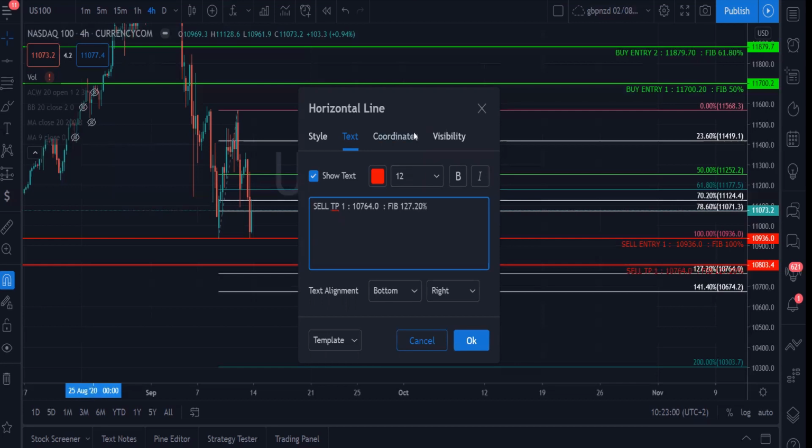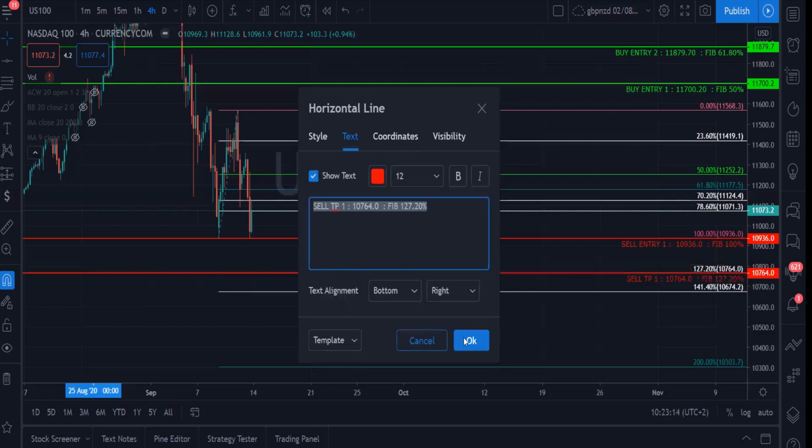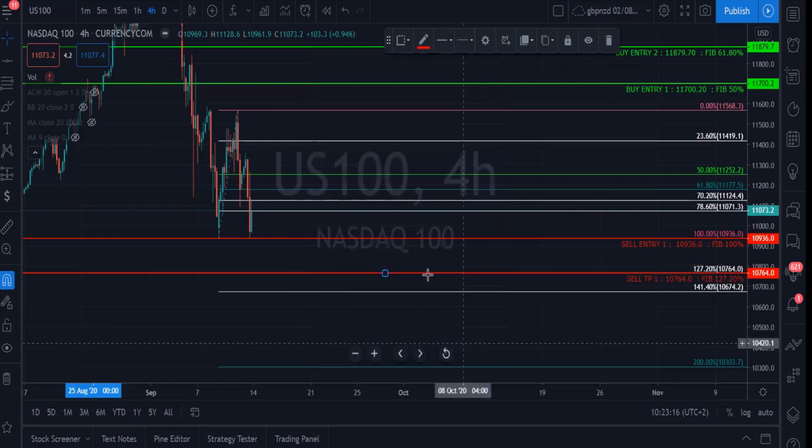Right, and my coordinates for that is at 10764. Okay, so we've got that as TP1.